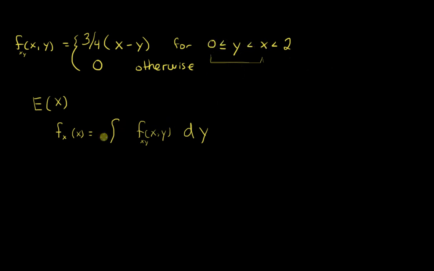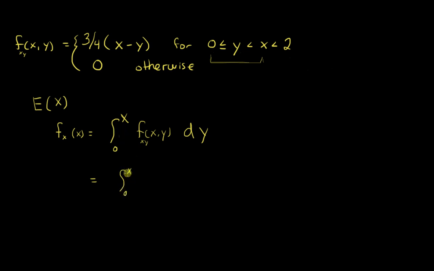Y should be between 0 and x. Technically it's negative infinity to infinity, but this is 0 when y is not between 0 and x, so we can just write it like this.